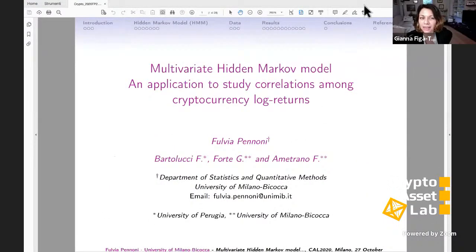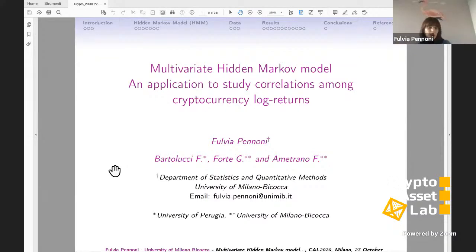Fulvia is at the University of Milano-Bicocca, so she's an insider in this conference, and she will talk about multivariate hidden Markov models for cryptocurrencies. You have about 22 minutes, and you can go on.